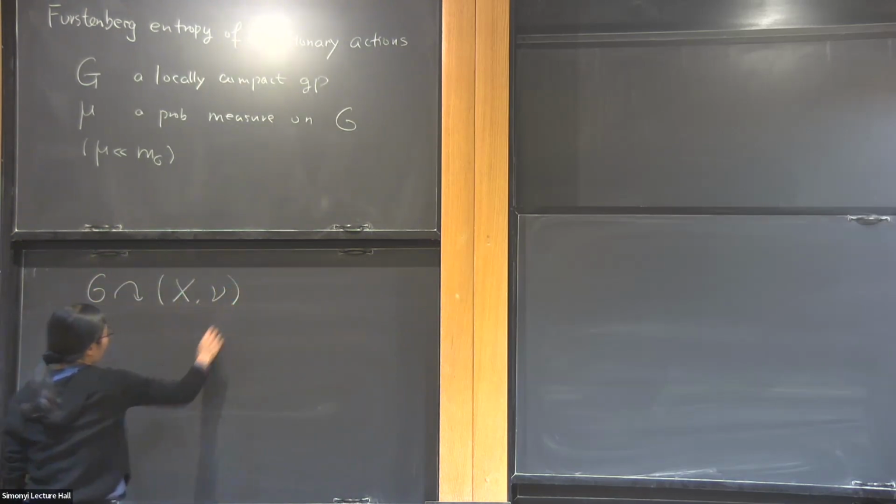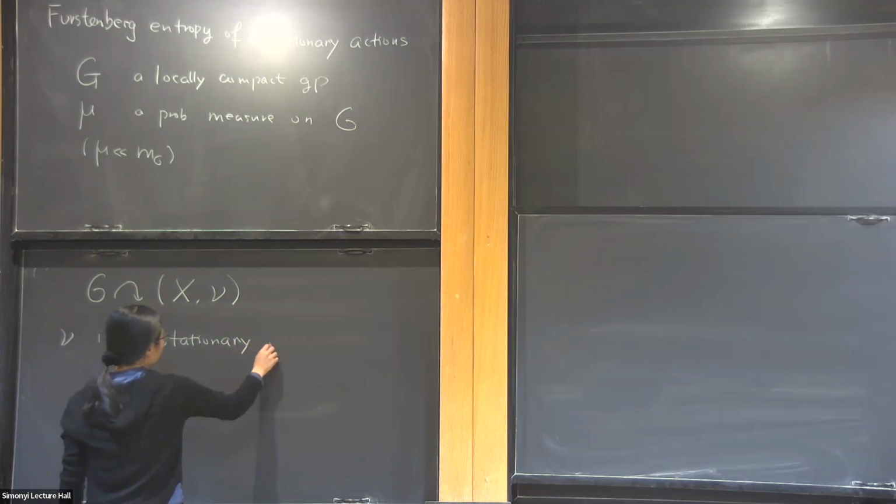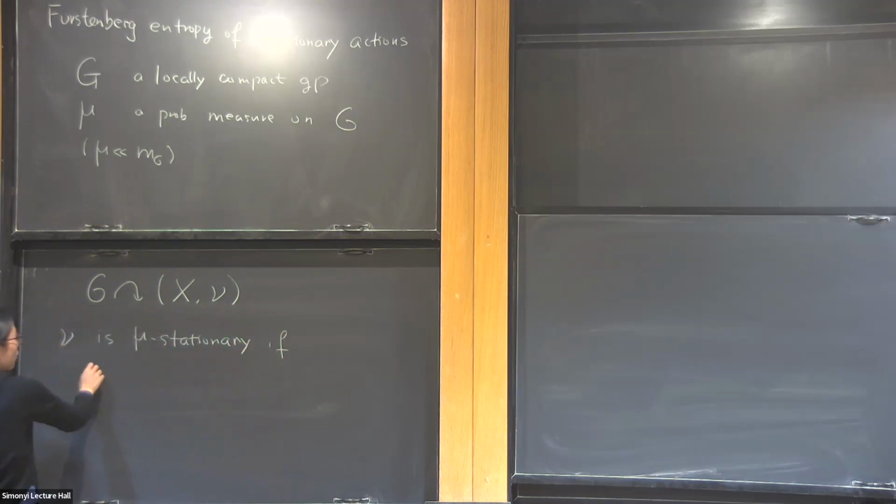So we have some space X and a measure nu, and we say nu is stationary with respect to mu if it is invariant on average, meaning if you convolve mu with nu, you get nu back. So it's not necessarily invariant, but it is invariant on average under the random walk.